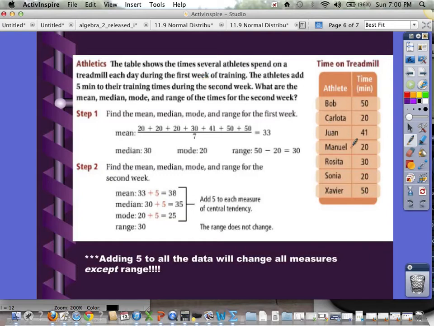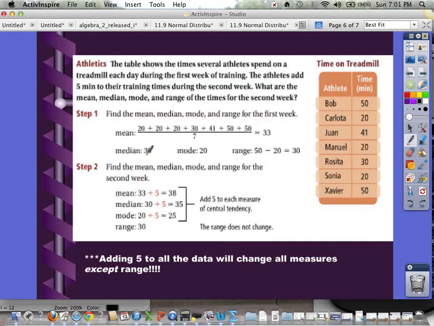So they took this information and they added 5 to every person's time. Okay? What they want to know is, what are the mean, median, mode, and range of the times of the second week? So you find the first week, put all this in your calculator, find the first week. All right, and then you will find the mean, median, mode, and range of the second week.